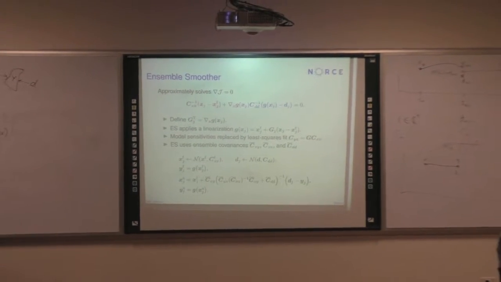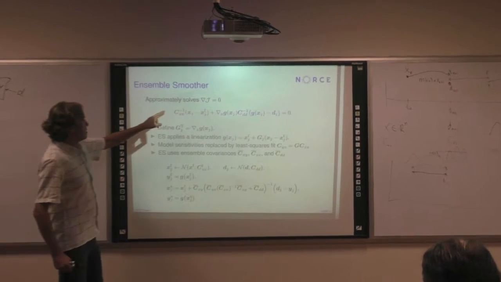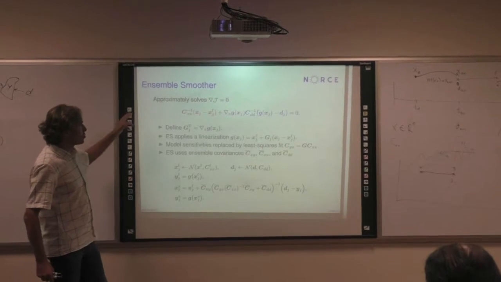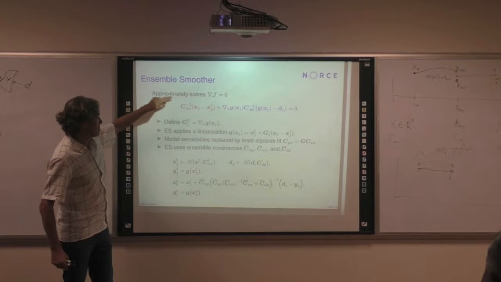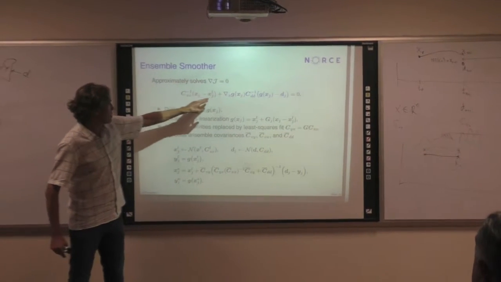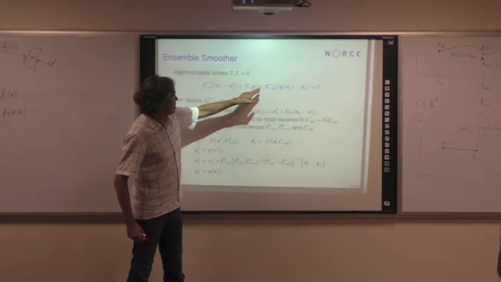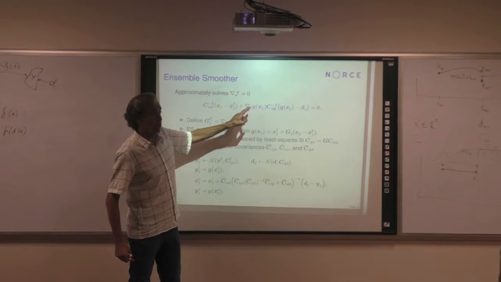So, okay, when we derive the ensemble smoother, I said it approximately solves the gradient equal to 0. So what you do, you compute the gradient. It looks like this. This term is simple, right? That's just a square, and you have the prior part. This is for the likelihood, and in here you have the gradient for the tangent linear model of your original model.